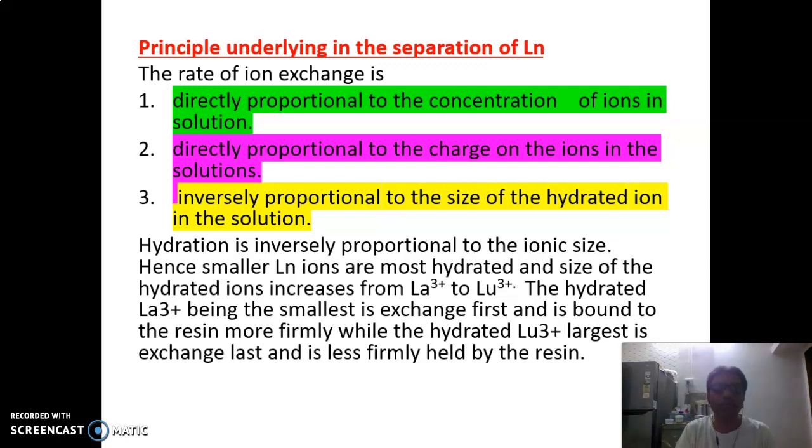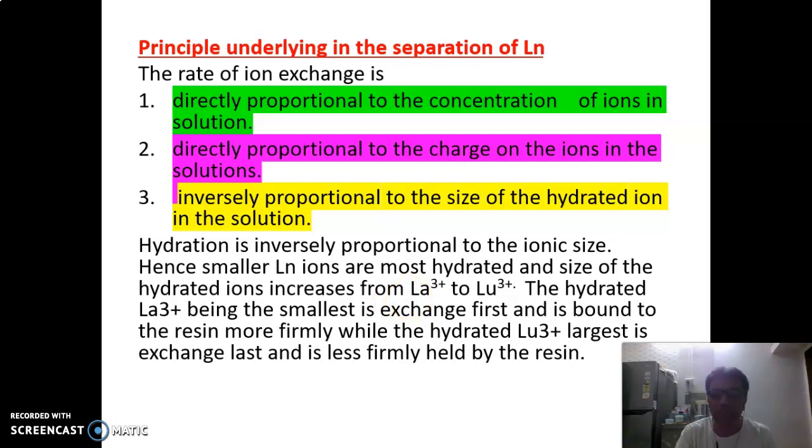Lutetium tripositive ion has the largest hydrated radius, so it is exchanged last with the resin column, and lanthanum tripositive ion has the smallest hydrated radius, so it is exchanged first, because the rate of ion exchange is greater in the case of lanthanum 3+ ion.